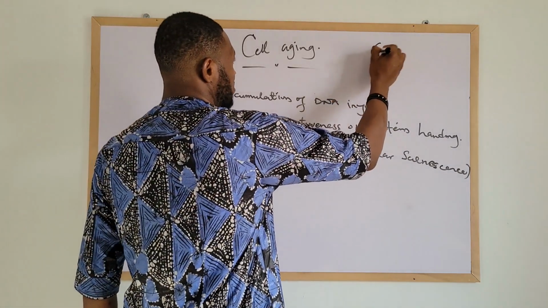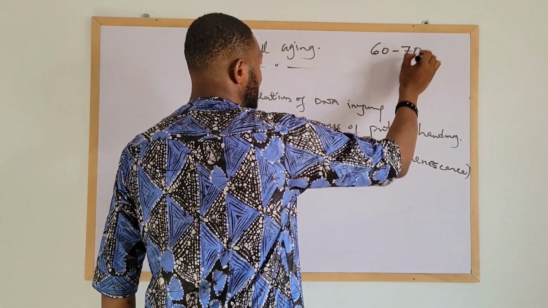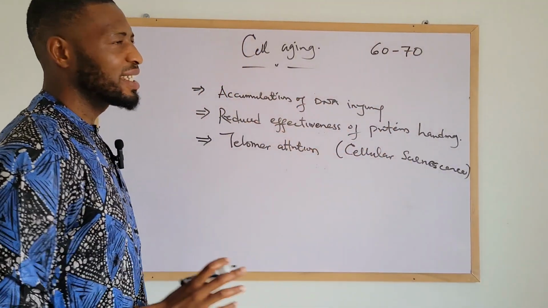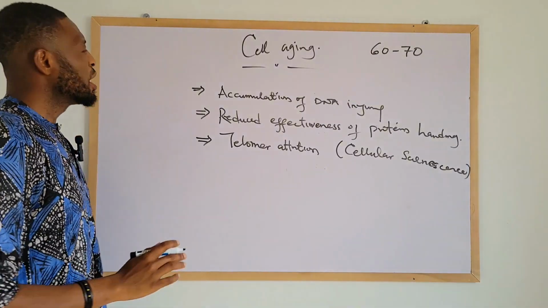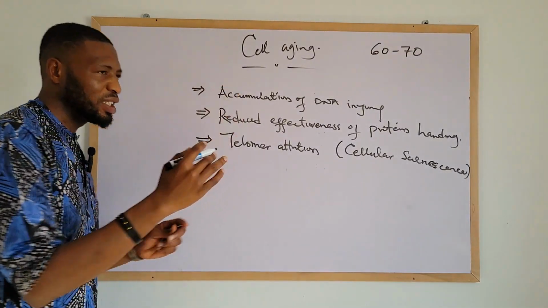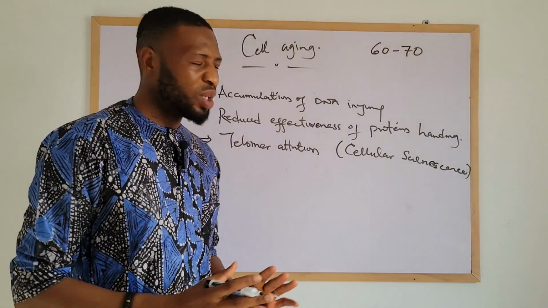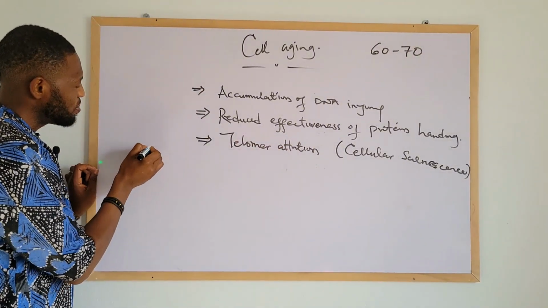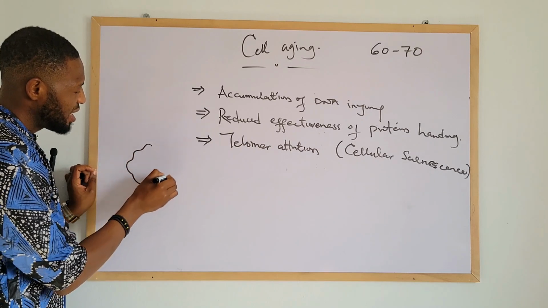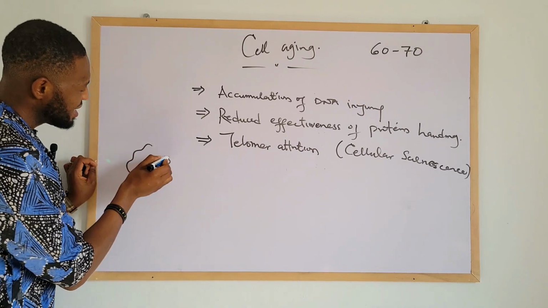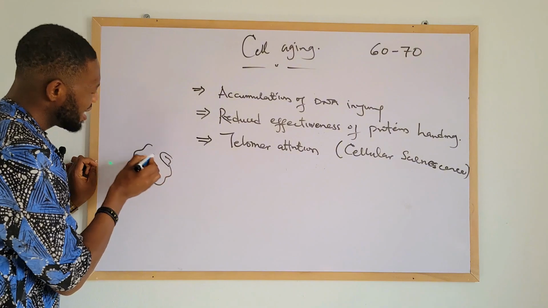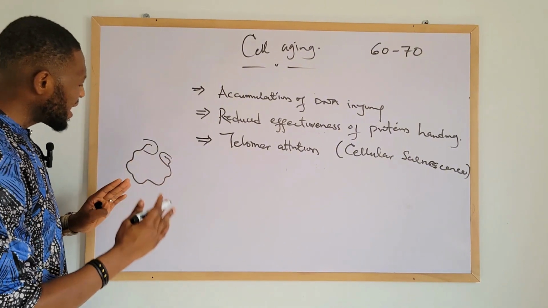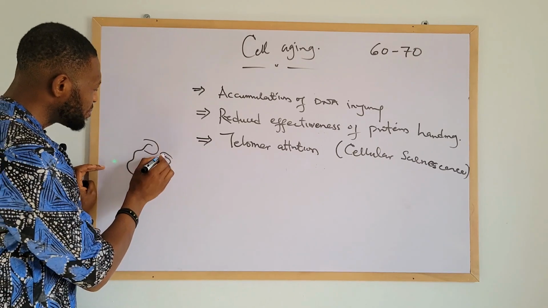Cells can divide for up to 60 to 70 times, and then they enter senescence. One of the reasons why they enter senescence is usually because of the shortening of the telomeres at the ends of DNA. So let's assume that this is a strand of DNA. At this end, there's a telomere cap. At this end, there's also a telomere cap. But as the cell divides, this cap reduces.